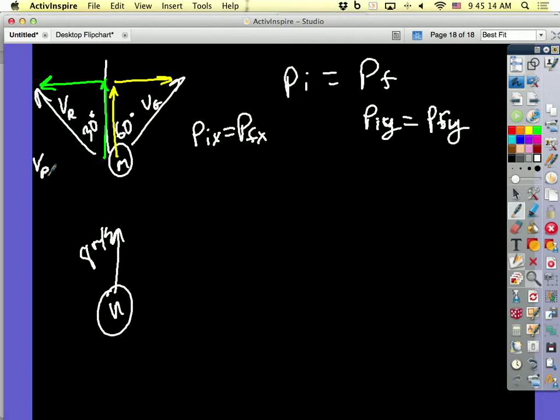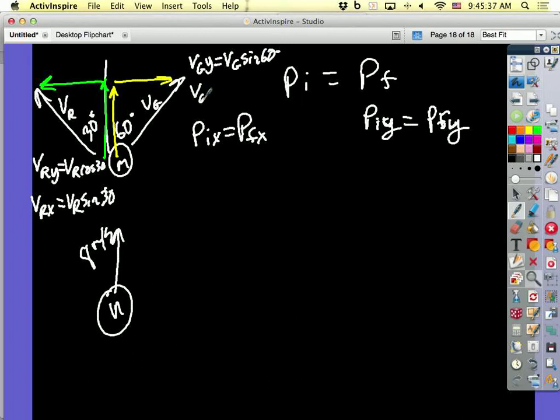So I'm going to say VRY is equal to VR cosine 30, and then VRX is equal to VR sine 30. And then over here, VGY is VG sine 60.